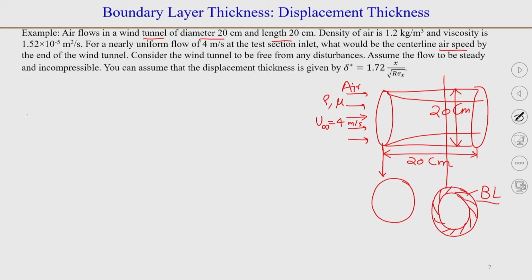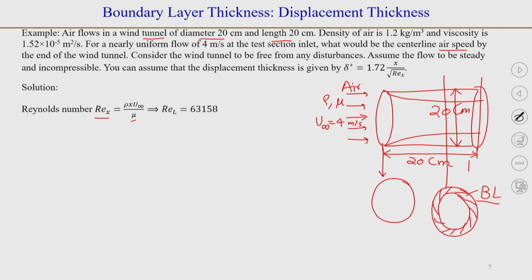So, first thing we can look into is whether the flow is laminar, because then we can use some concepts that we have just learned. So, we can first calculate the Reynolds number of the flow. Now, the Reynolds number Rex is defined as rho x u infinity divided by mu, and the Reynolds number will be highest at the end of the tunnel.